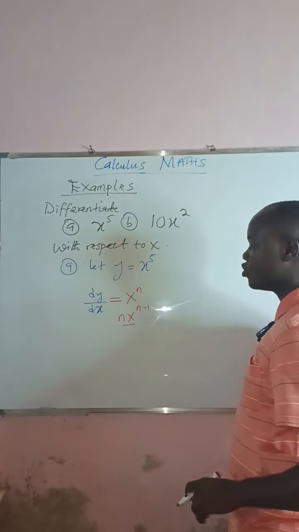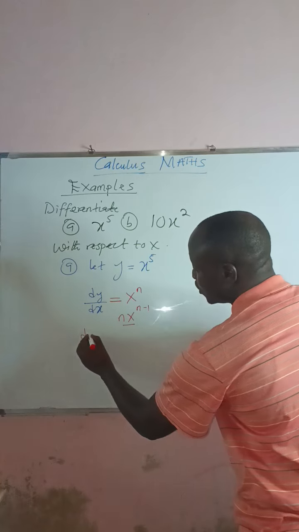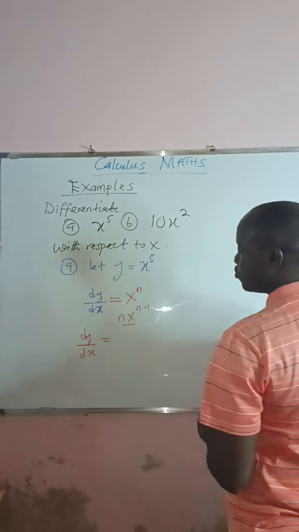So now we have x raised to the power of 5. How are we going to differentiate this? We say dy/dx is equal to the derivative of x raised to the power of 5.